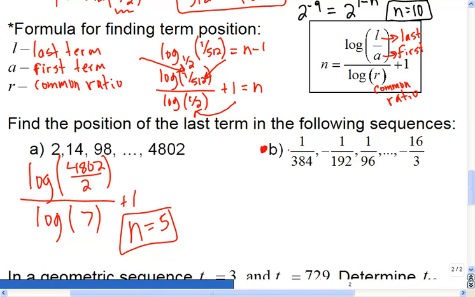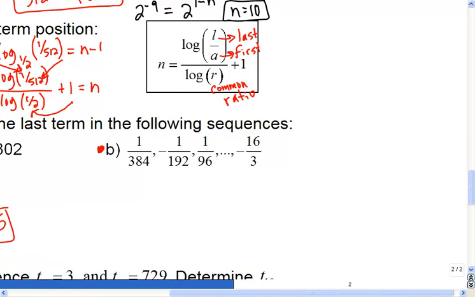Okay, so I guess I'll do this one the old-fashioned way, the way that we did it previously. So this would be an equation that says negative 16 over 3 equals 1 over 3 times negative 2 to the n minus 1. The common ratio is negative 2, doubling it every time. And I'll try to solve this.